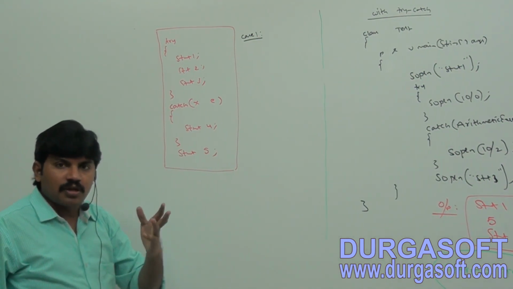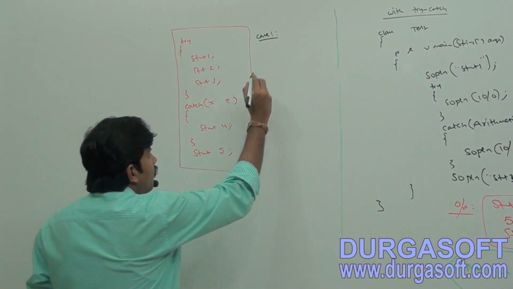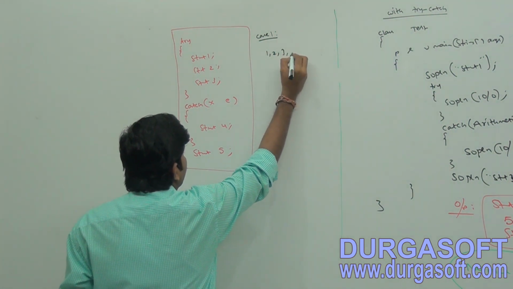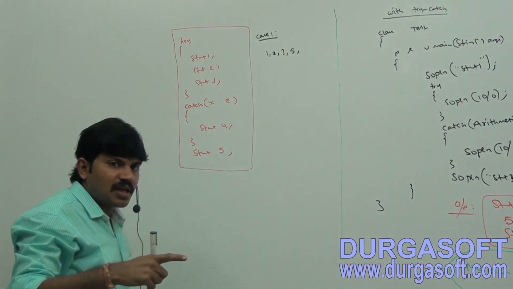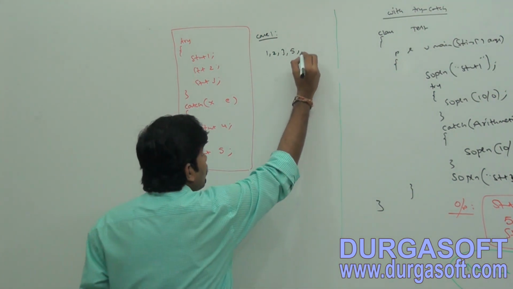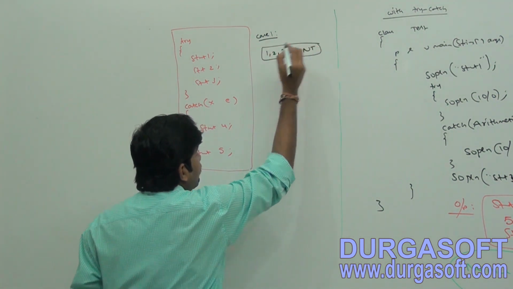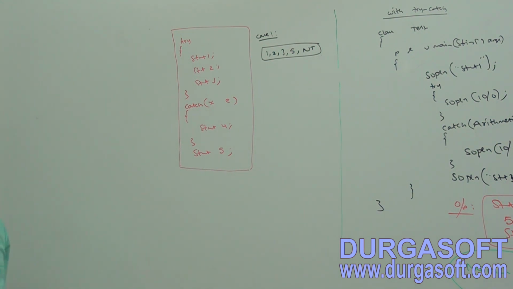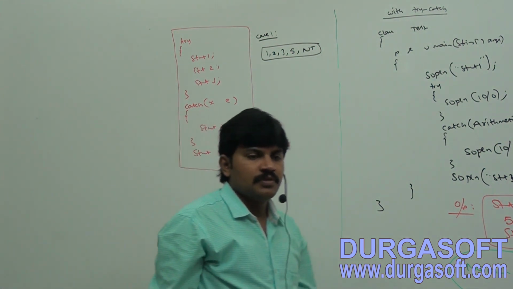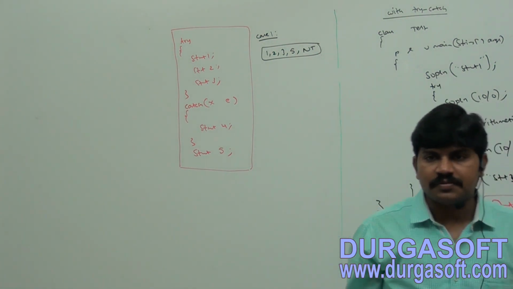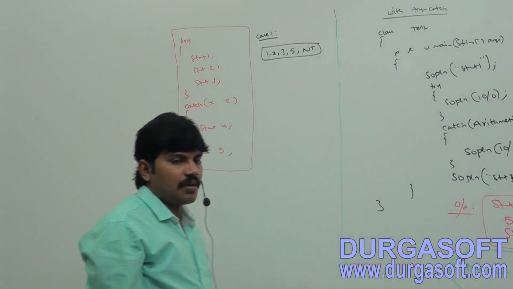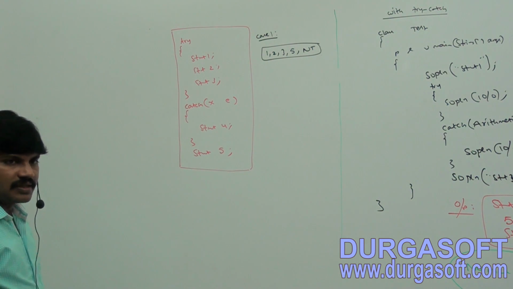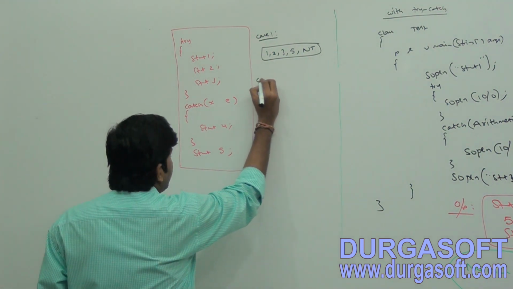The catch block won't be executed because there is no exception, right? So 1, 2, 3, 5. Normal termination or abnormal termination? Normal termination, right? Are you getting it? 1, 2, 3, 5 is normal termination. Okay, that's all.